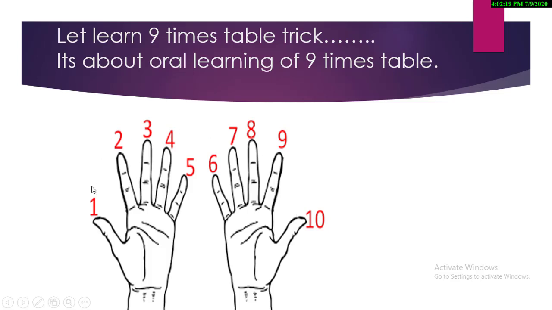So these are the numbers that we appointed for your fingers. Just make sure that you learn the sequence of these numbers, that one thumb has the value 1 and the other thumb has the value 10.